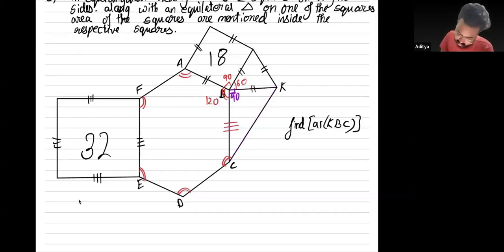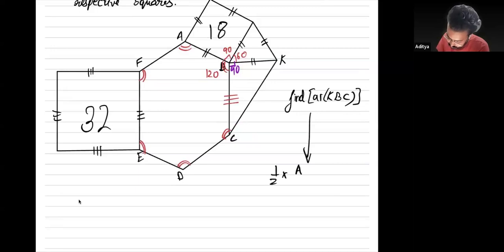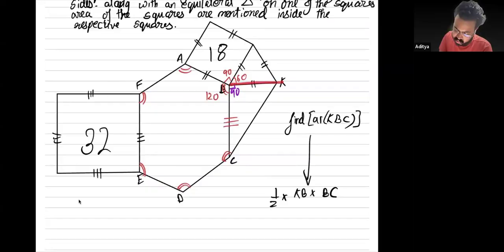And this becomes half of KB times BC. You can see that KB is equal to the side length of this equilateral triangle, which is equal to the side length of the square, which is equal to AB. And that is root of 18.